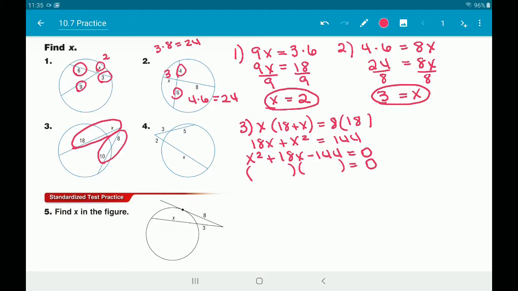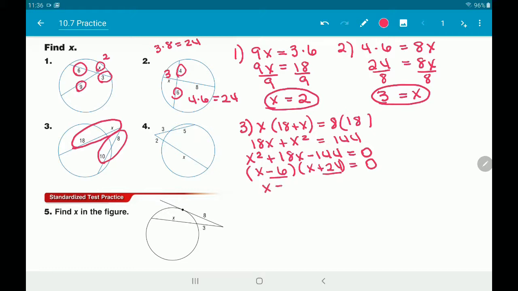And those 2 factors are negative 6 and 24. So we're going to have x minus 6 and x plus 24. Because if we multiply negative 6 times positive 24, we'll get the negative 144. And if we add them together, we get the positive 18.